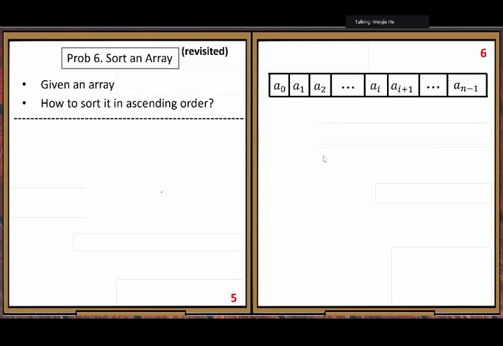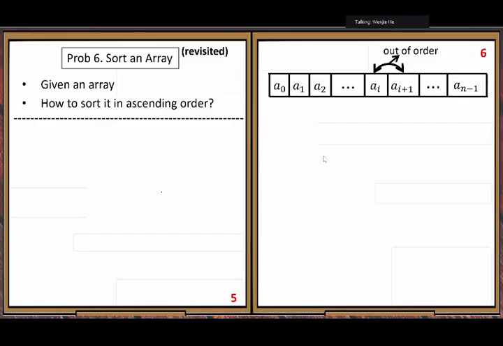Here I use this diagram to show you the relationships among the elements. We need to study some special property. This time, we want to do comparison, because when we see this array, we need to do comparisons. But when we do comparisons, what information do we get?